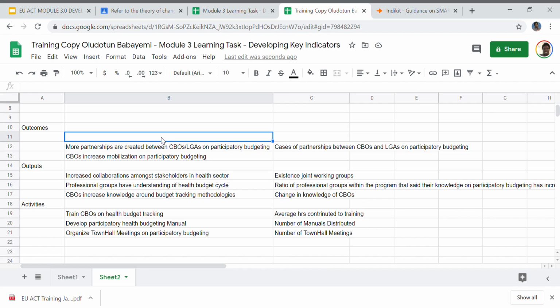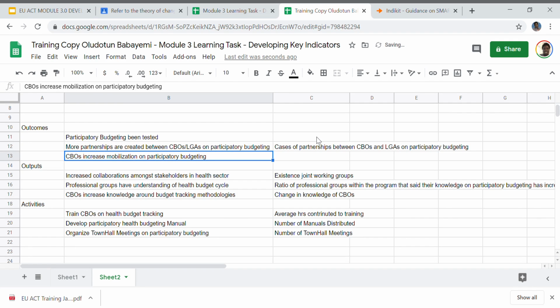One long-term outcome could be participatory budgeting being tested.